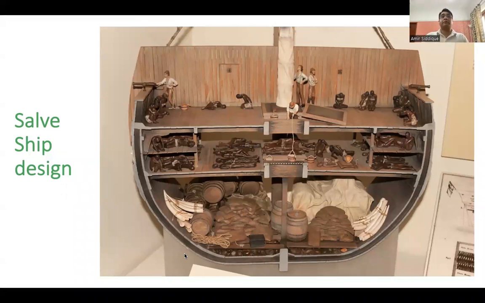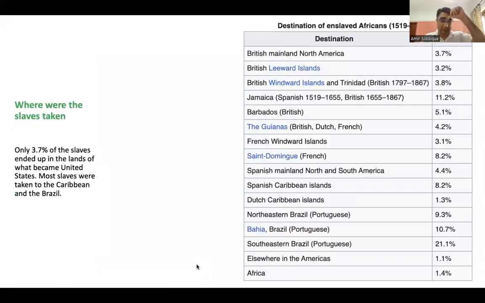Some historians have recorded that the journey was so difficult that slaves would prefer to break free and jump into the ocean and try to kill themselves rather than bear this gruesome journey. So keep that imagery in mind. Let's go to the next slide.